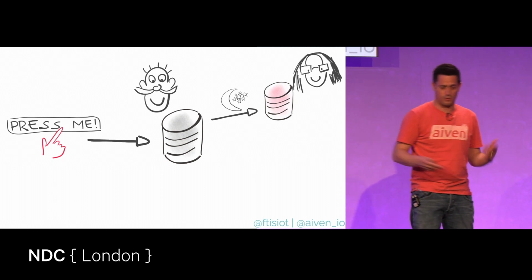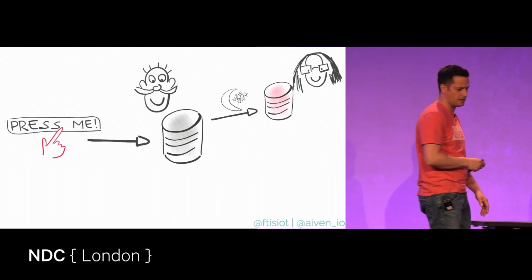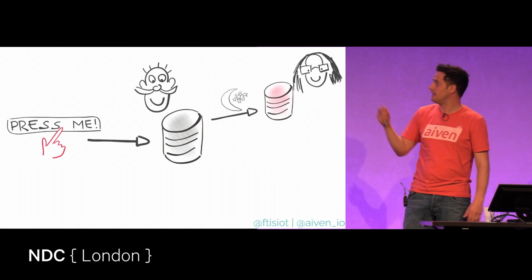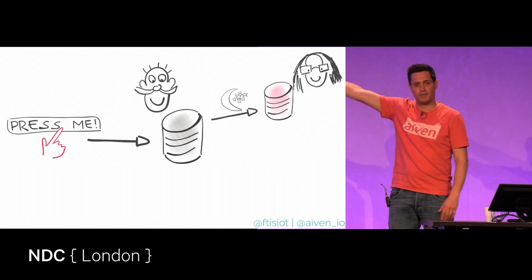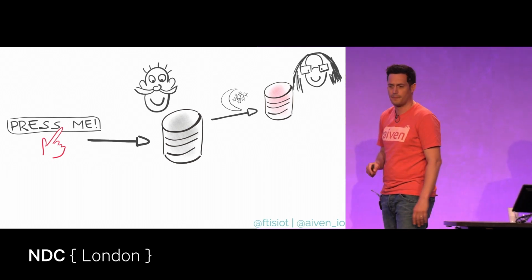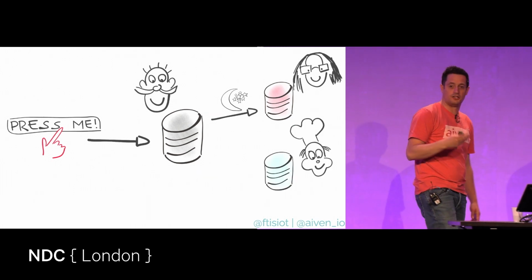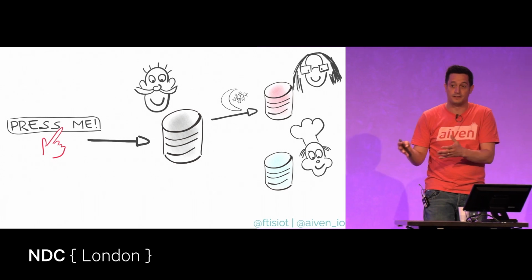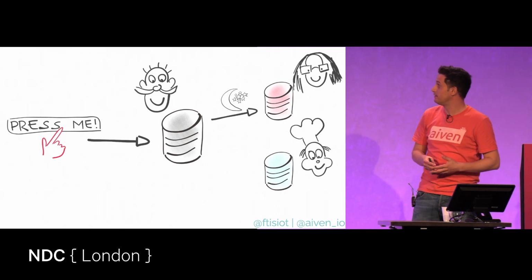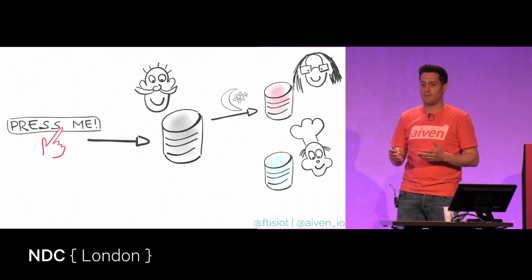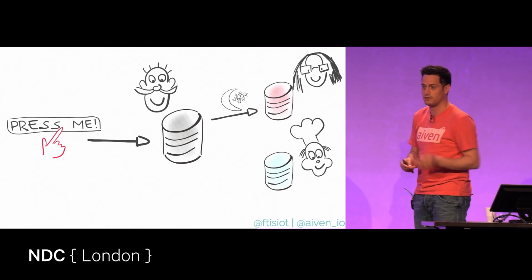I believe this was a common theme in previous years. But again, the data journey in the restaurant doesn't stop there. There are other people in the restaurant, for example, the chefs. The chefs use a different technology, and they don't care about a single order of a single table.